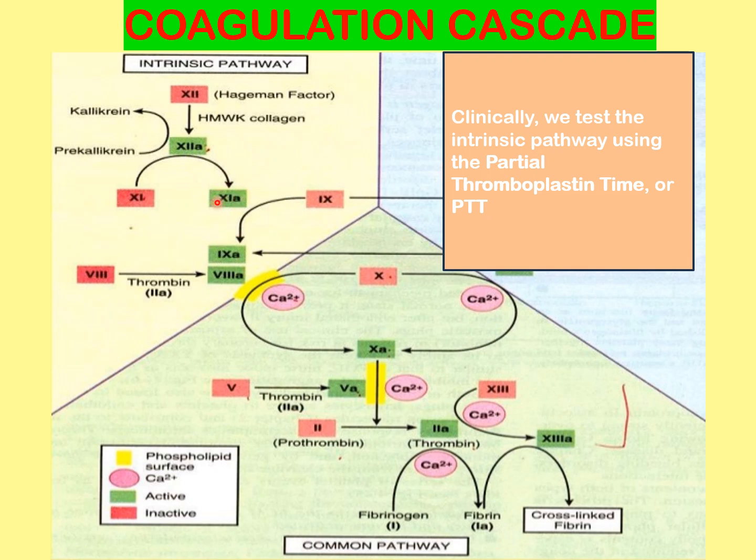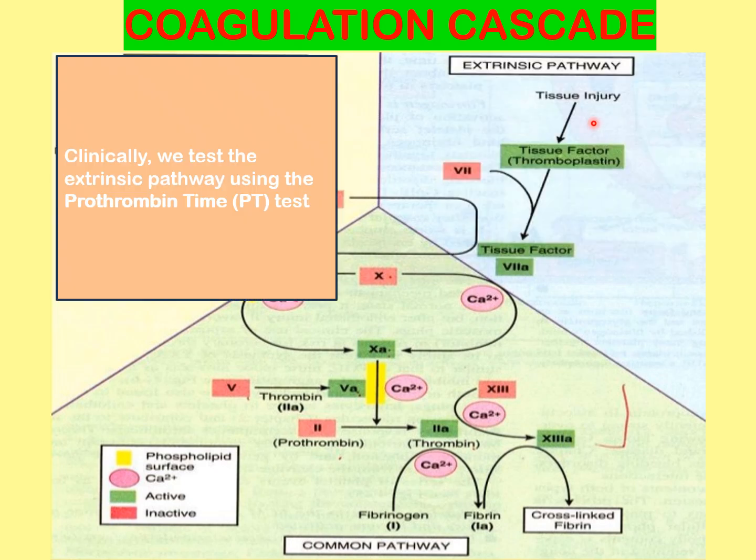Now factor 11A activates the inactive factor number 9 into 9A. Meanwhile, factor 2A activates inactive factor number 8 to active factor number 8A. Finally, factor number 9A along with factor number 8A combining with calcium activates the inactive factor number 10 into active factor number 10A.